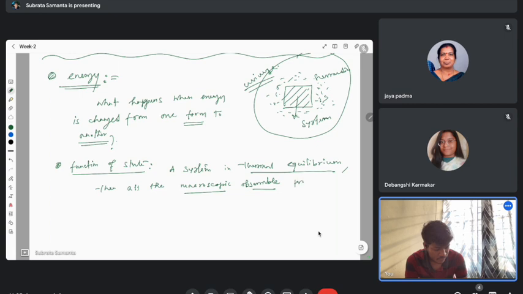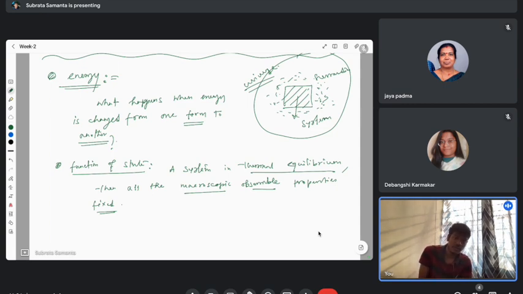Macroscopic means the whole system: the pressure, volume, and temperature of the whole system. We are not tracking the individual molecules. We treat it as a whole system, and when it is in thermal equilibrium, we have a definite amount of pressure, volume, and temperature. These are fixed.